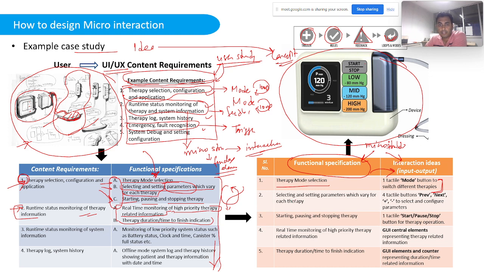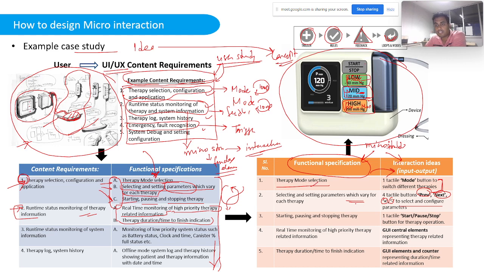Then selecting and setting parameters. That means you need previous, next, plus, minus buttons. Now this is not exactly the interface. You can have a mode button here, plus and minus, then previous and next. So this is the mode button for therapy mode selection.